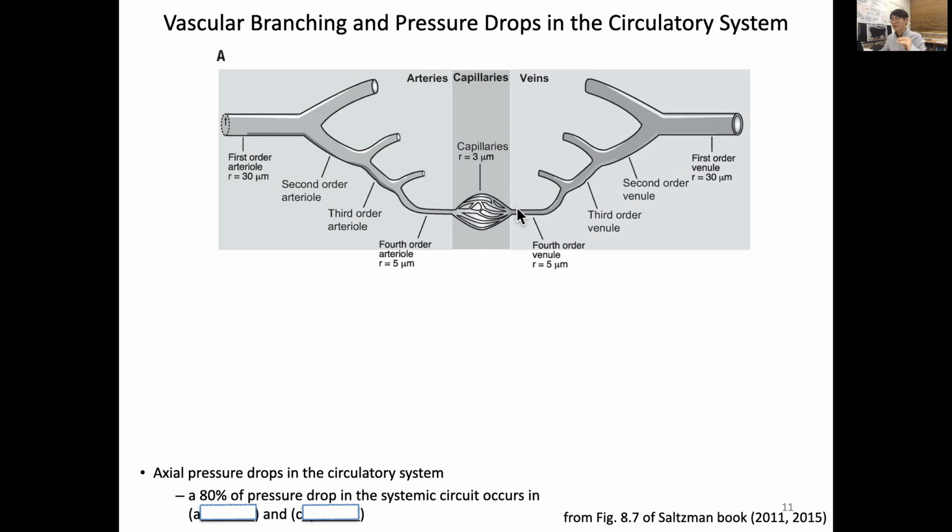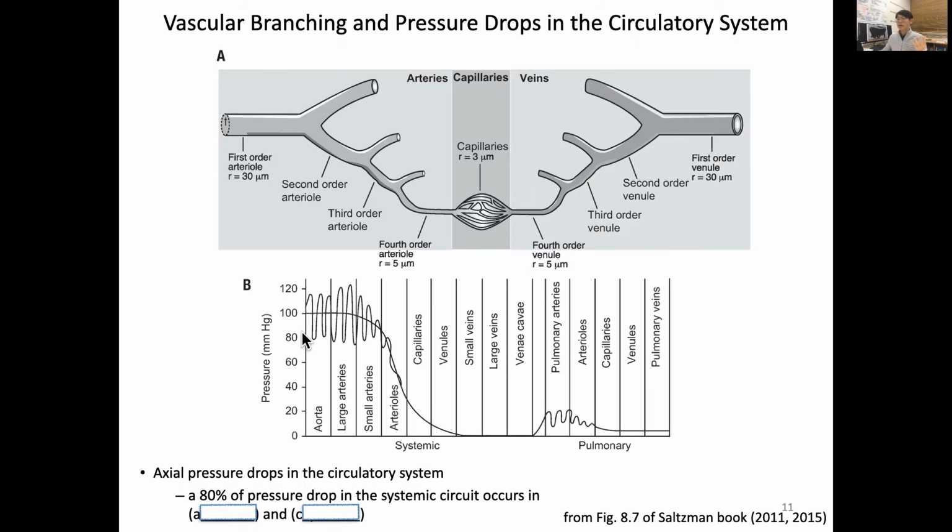And then it collects into the venule, which means a smaller vein, and the second, third order venule, and it collects into a big venule and veins. So what about the pressure drop related to this? Here is the place where the heart pumps and high pressure arterial blood is coming in.